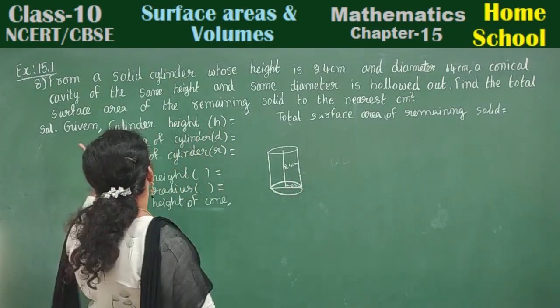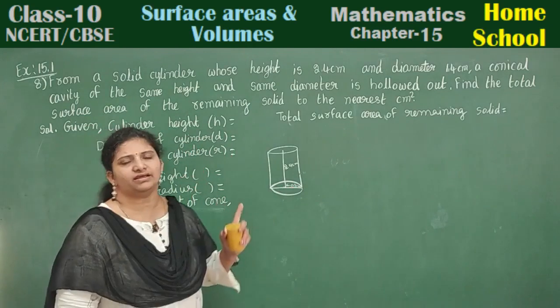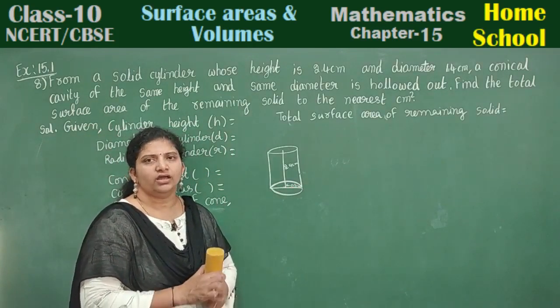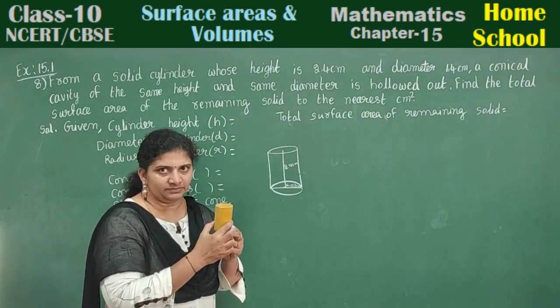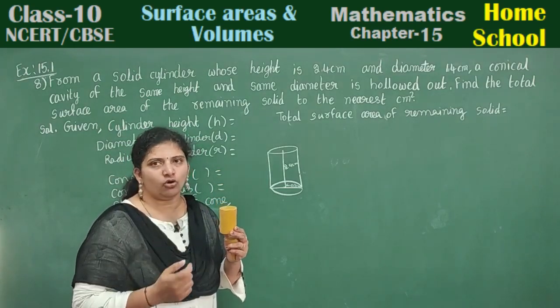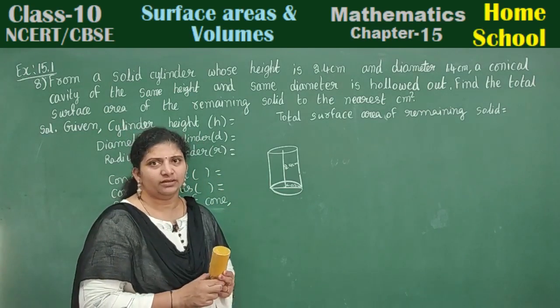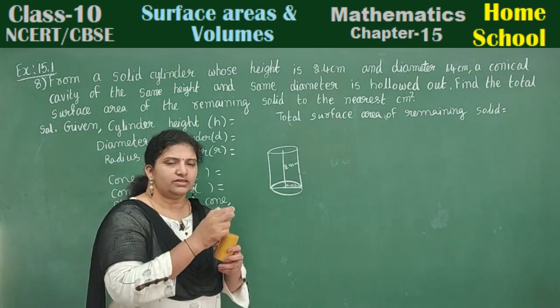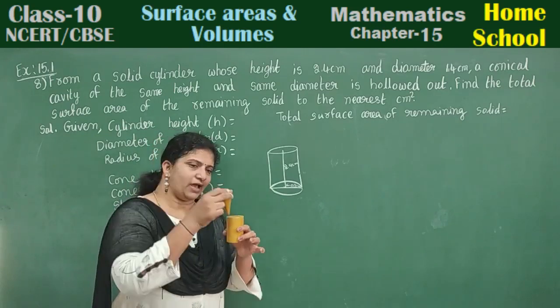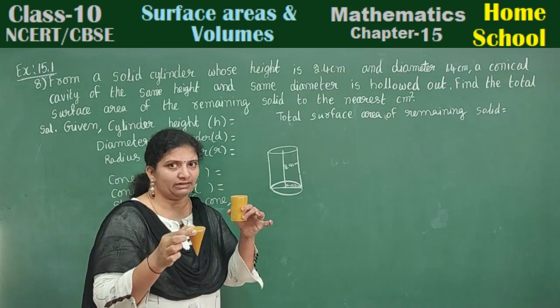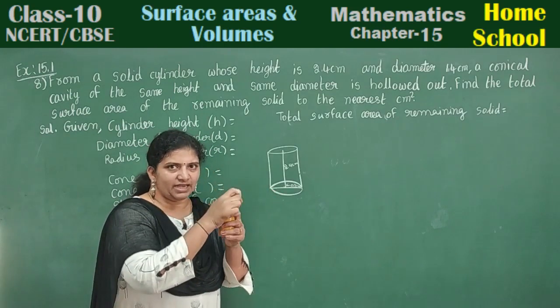A conical cavity of the same height and same diameter is hollowed out in a solid cylinder. Imagine a cone. You need to hollow a cone in the solid cylinder. That means like this, a cone should be removed from the solid cylinder. Look here, this is inside, okay?